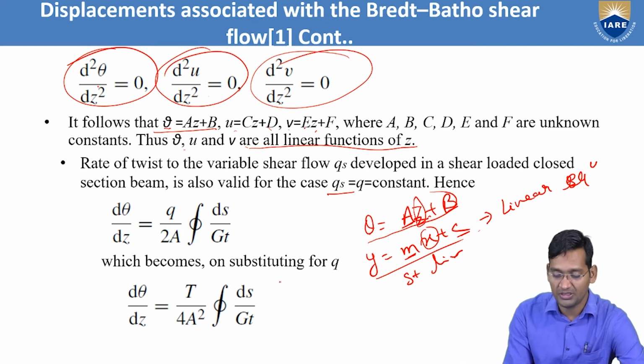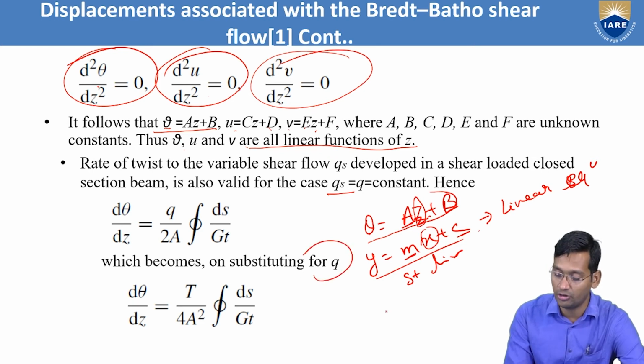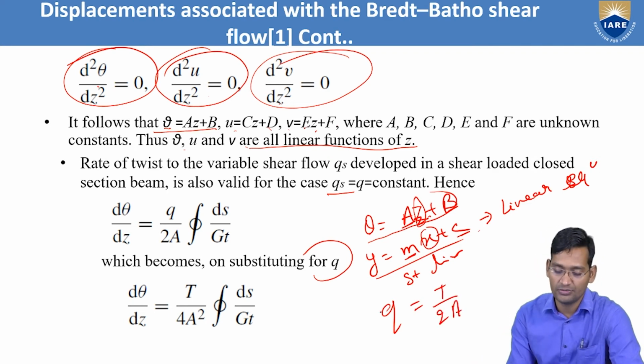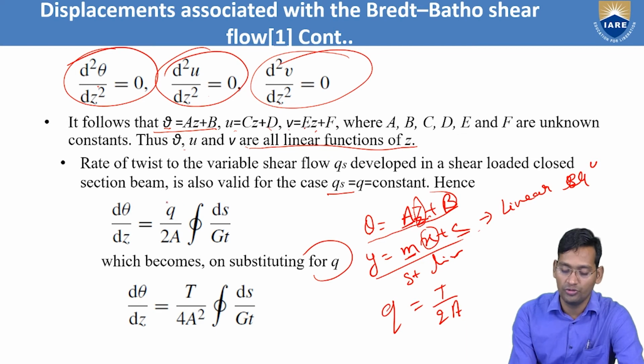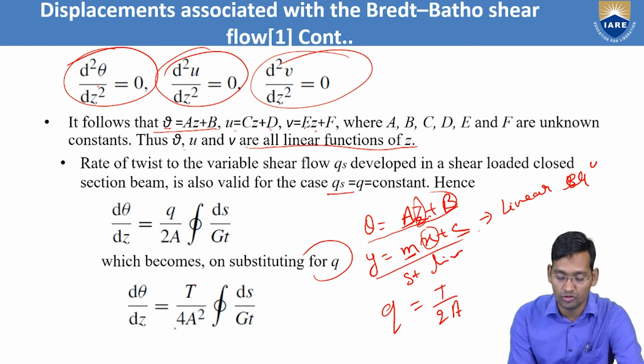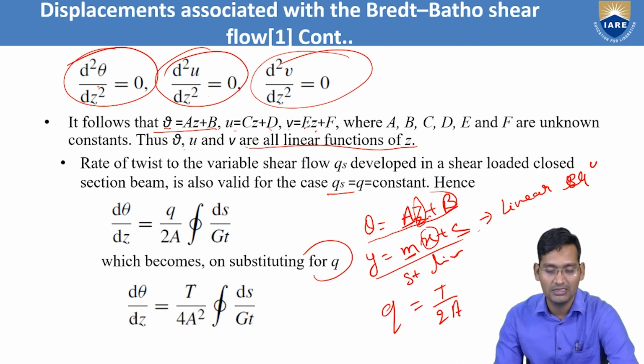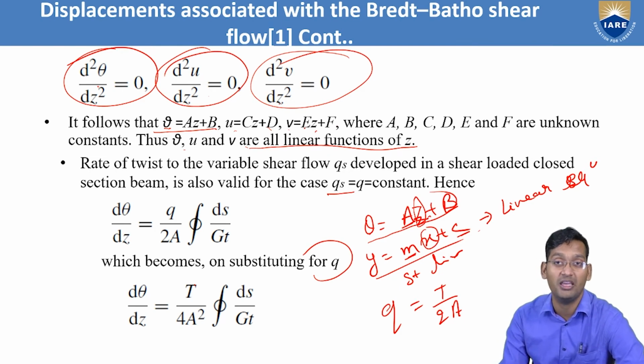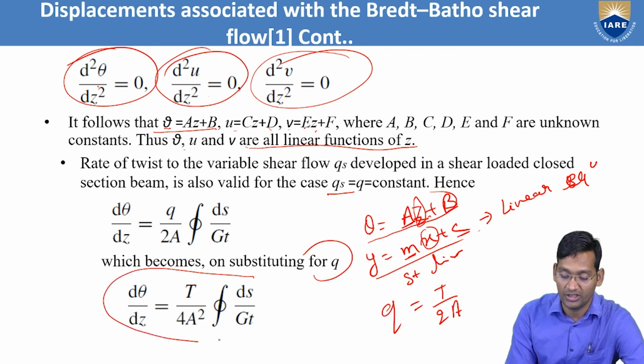Now for the q value, the derivation is there, but here just remember q = T/2A. Substituting for q, dθ/dz = T/4A² ∮ ds/Gt. This is the rate of twist.